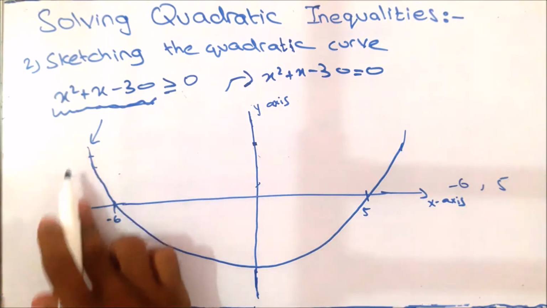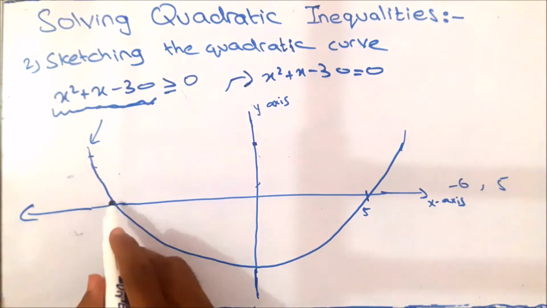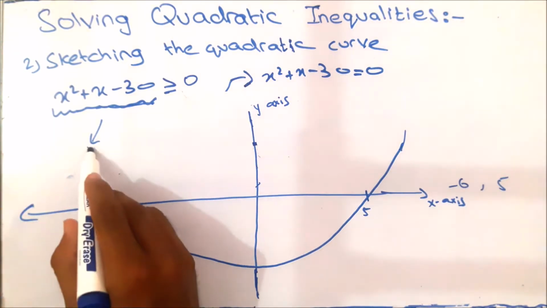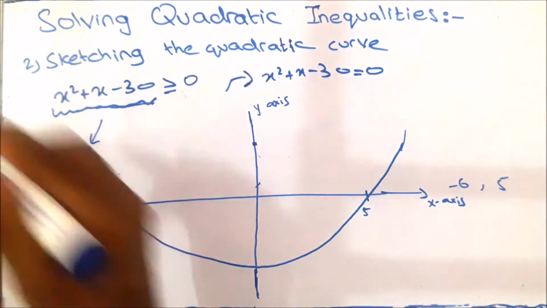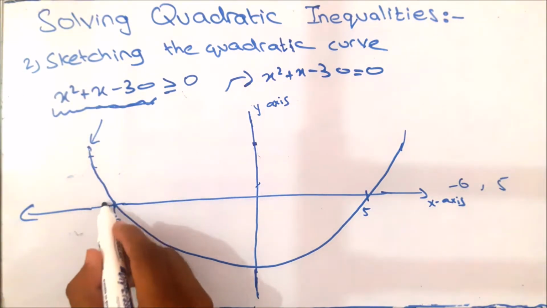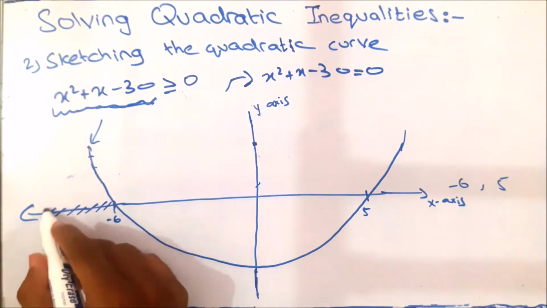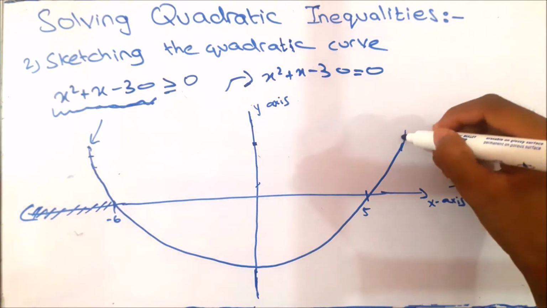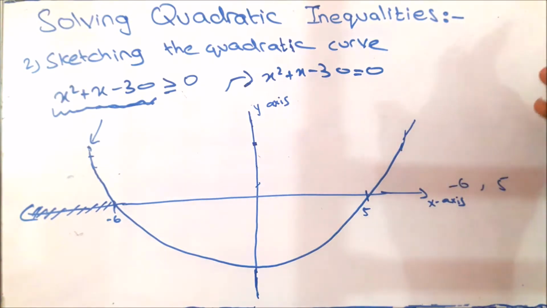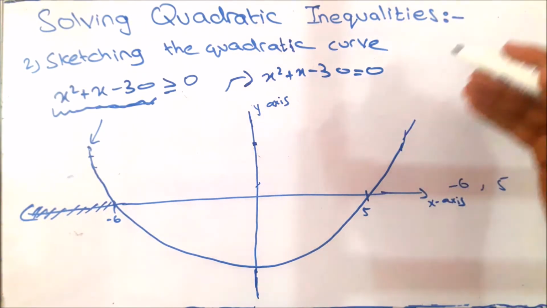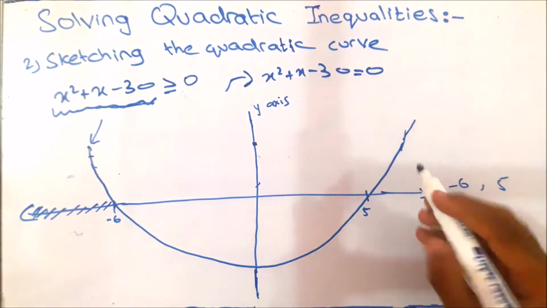We can see that this is greater than or equal to 0 starting from minus 6 and going on and on until infinity. It will cover all the negative values over here. So our answer is this. And over here it goes on and on, covering all the positive values as well.